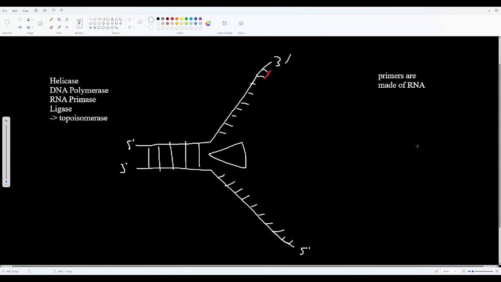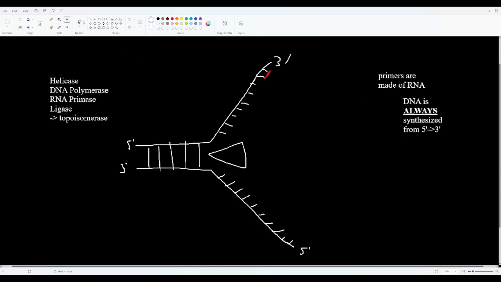So two strands of DNA are going opposite of each other. Why is this of concern to us? Because, and this is important to note, I'm going to underline and bold it, DNA is always synthesized from 5' to 3'.